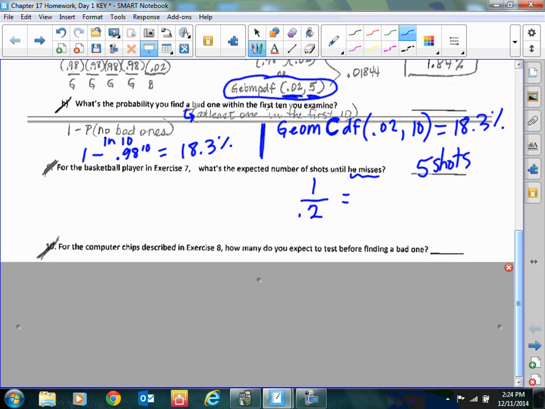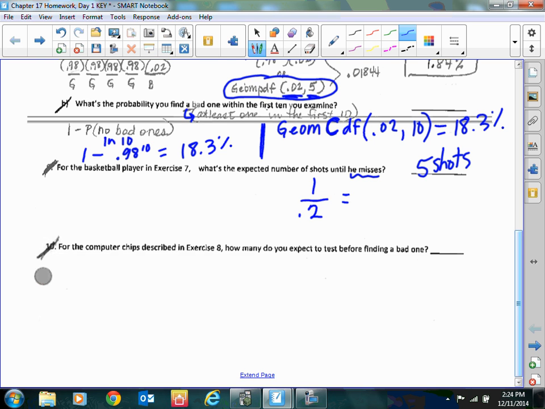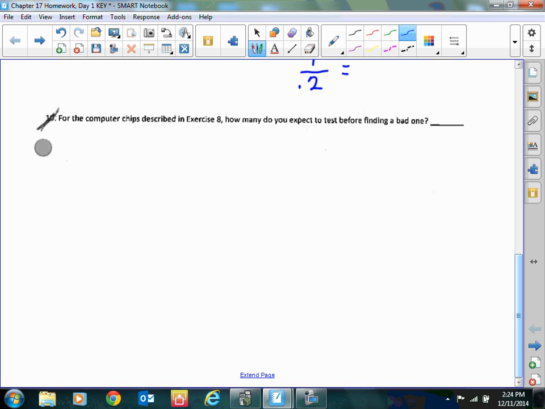Okay, let's look at the next one. For the computer chips described in exercise 8, how many do you expect to test before finding a bad one? So you need to find the bad one. Which one is that going to be? The 50th one. How do you get that? Well, because you do 1 over 0.02. Okay, very good.